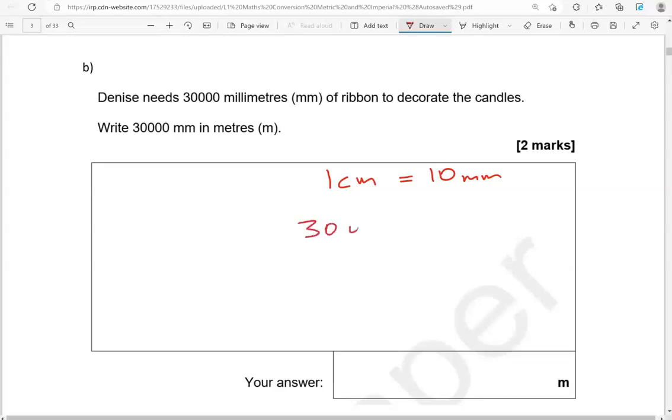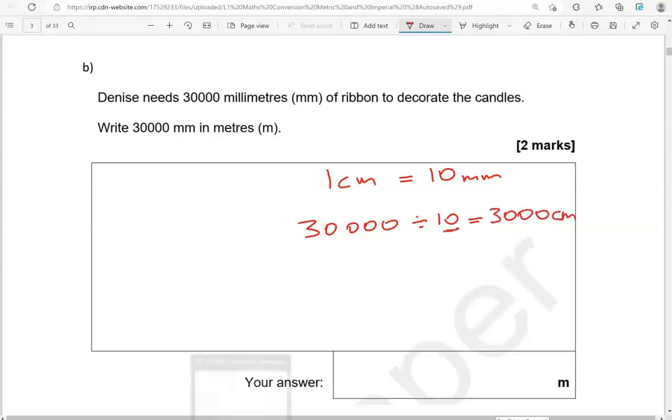So 30,000 divided by 10. As 30,000 ends in 0, you can just knock off 1 0. So this becomes 3,000 centimeters.